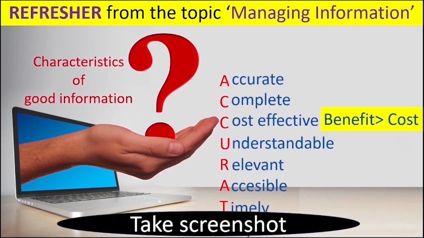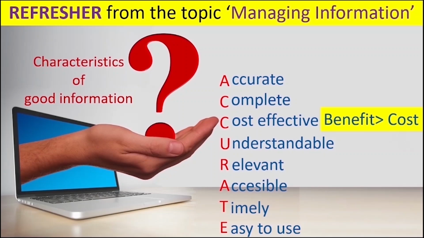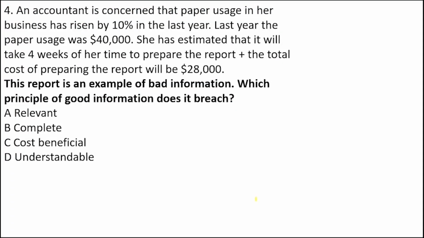Question number 4. An accountant is concerned that paper usage in her business has risen by 10% in the last year. Last year, the paper usage was $40,000. So 40,000 into 10%, the amount works out to $4,000.